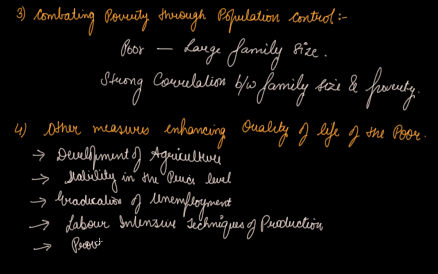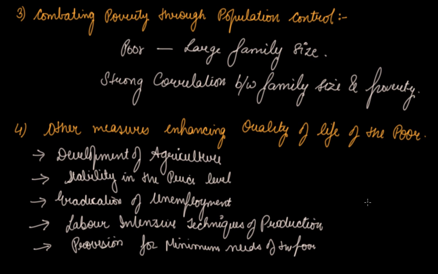Provision for minimum needs of the poor. See, government hospitals are being opened where they are treated for free. Persons having a below poverty line card are treated for free. So the government is providing free health facilities.